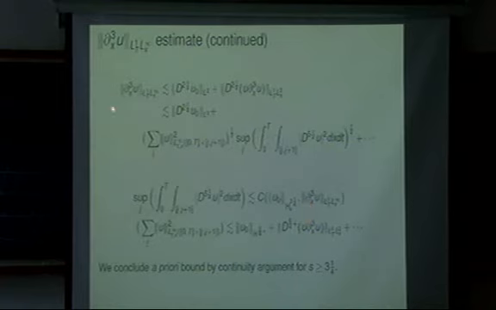Then, when we estimate this by using the equation and the energy estimate, first of all we have this, and then for the second term we use a Holder estimate to replace it: one piece is for the Kato local smoothing, and the other piece is for the maximal estimate.